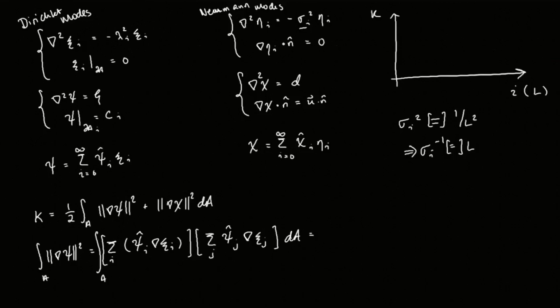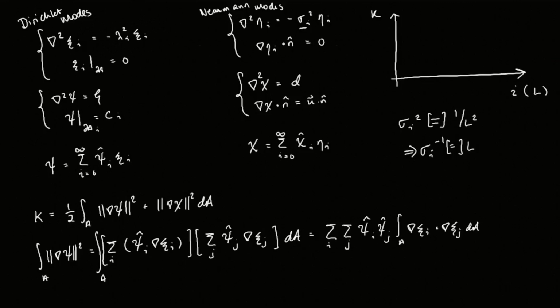And then by doing an area integral, I can pull the sums out front. Sum over I, sum over J, psi hat I, psi hat J, the integral of grad xi I dotted with grad xi J dA.